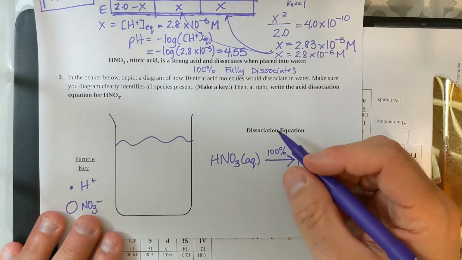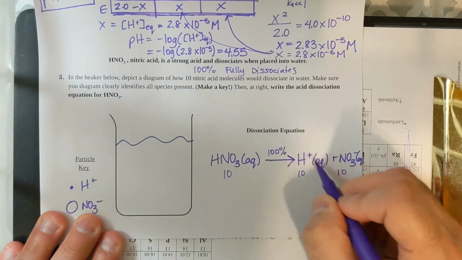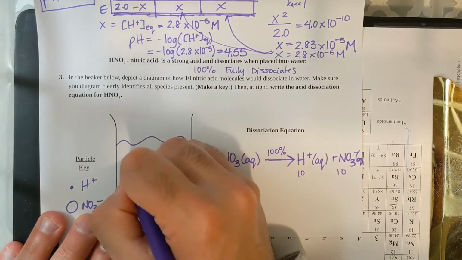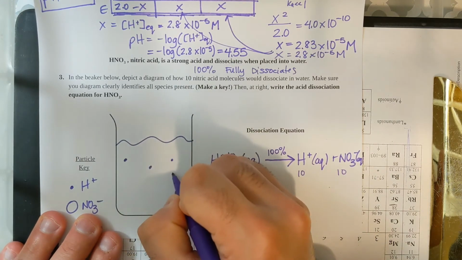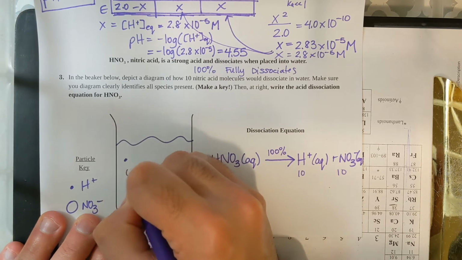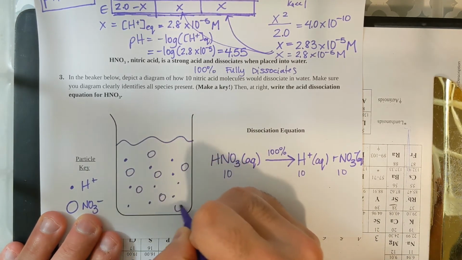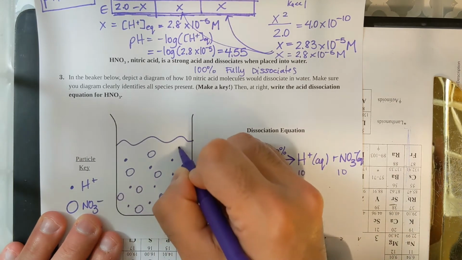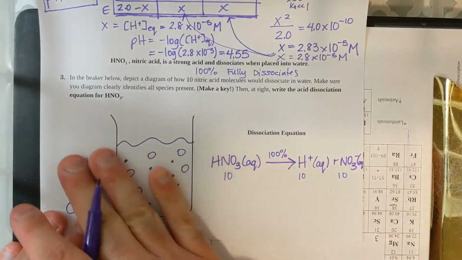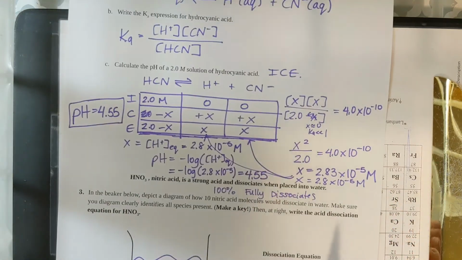So if I have 10 of these and it fully dissociates, I should have 10 H pluses and 10 NO3 minuses. 1, 2, 3, 4, 5, 6, 7, 8, 9, 10. Done. 100% fully dissociates means they break apart completely.